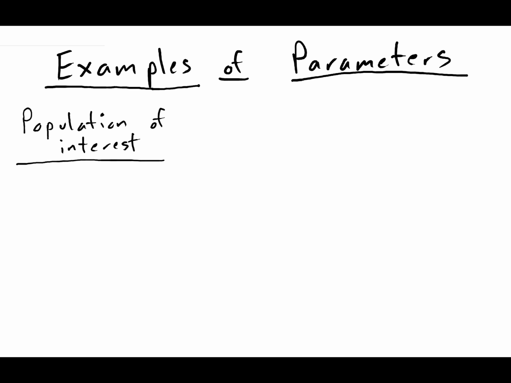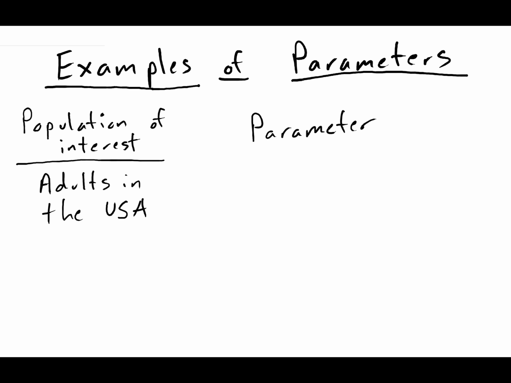So let's look at a few examples of parameters. And we said that parameters were numbers that describe a population, and sometimes we might say population of interest instead of just population. The same thing. Suppose our population of interest were adults in the United States. So that's a group of people, and a number that describes that group of people is a parameter.